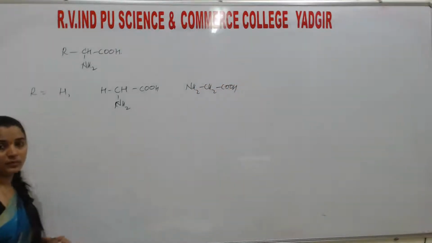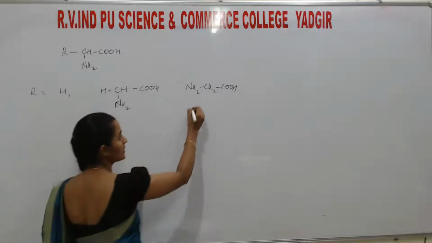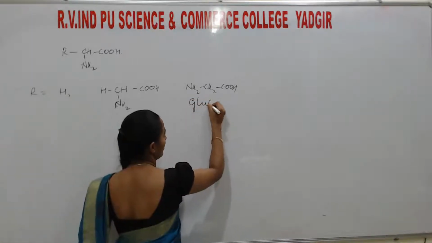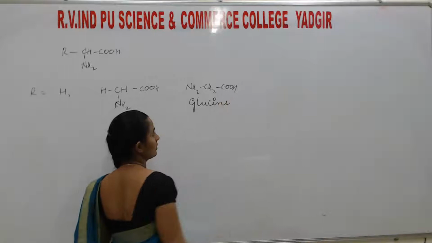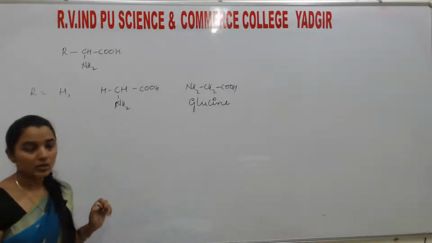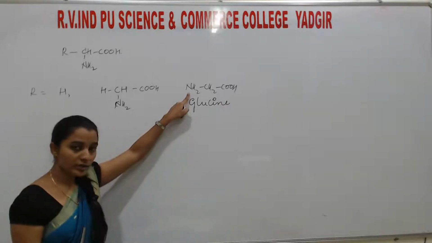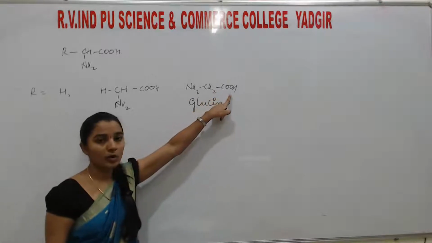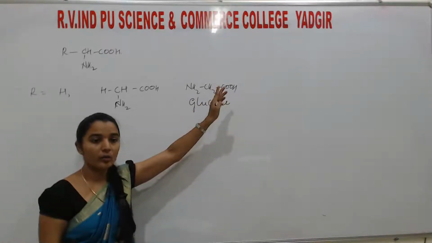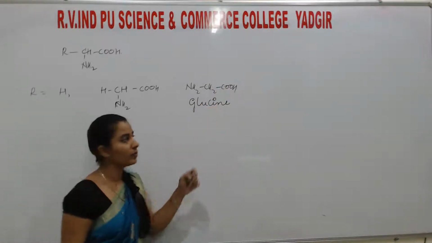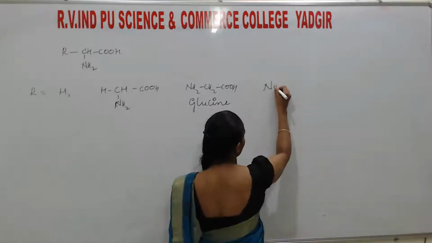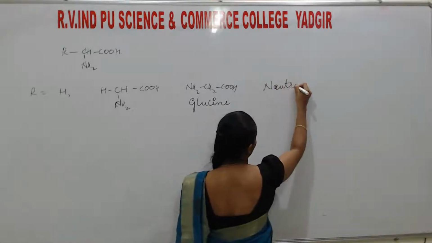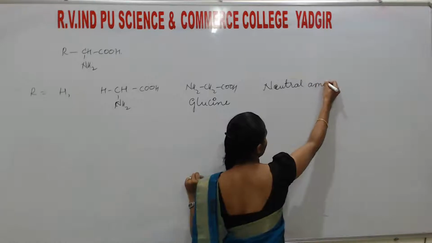This is a simple amino acid called glycine. Here the NH2 is equal to 1, COOH is also equal to 1. An equal number of amino and COOH groups means this is a neutral amino acid.